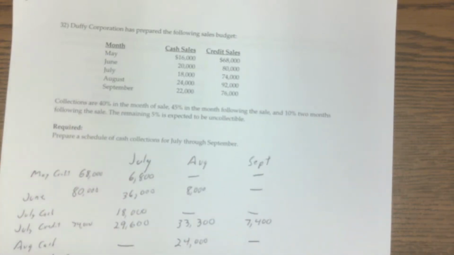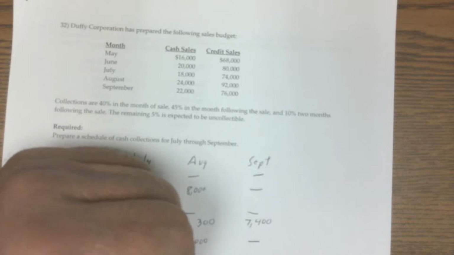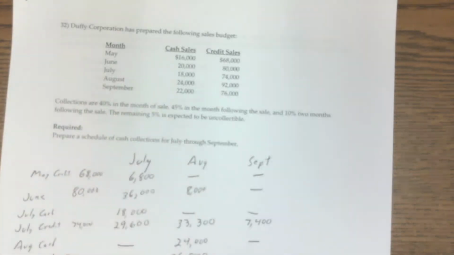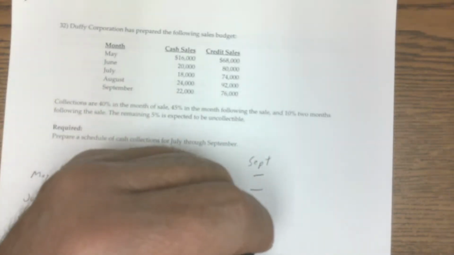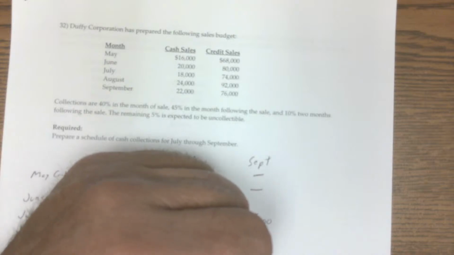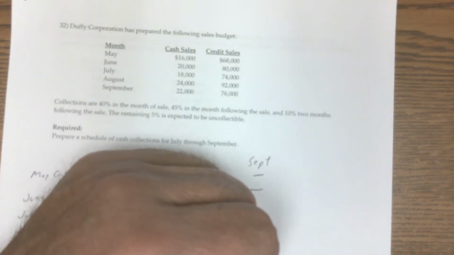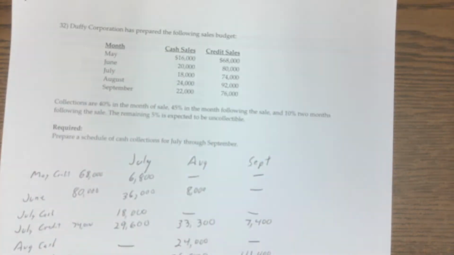So we collect 40% of that in August, is 36,800. And 45% will be collected in September, is going to be 41,400.